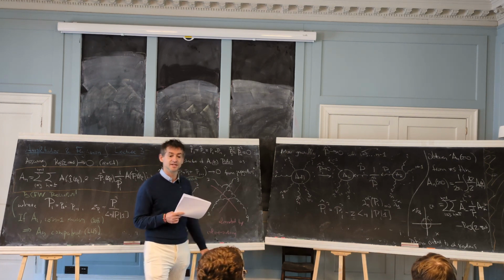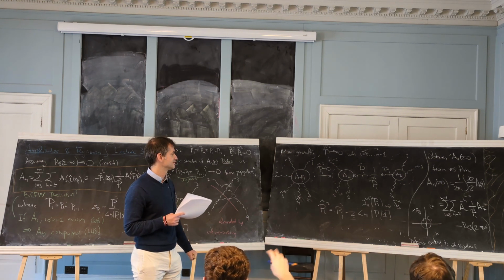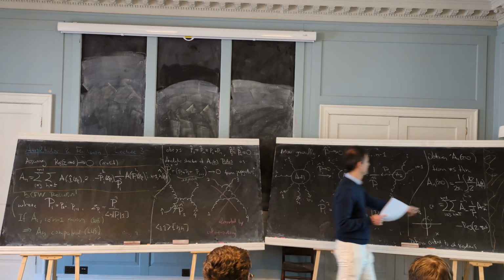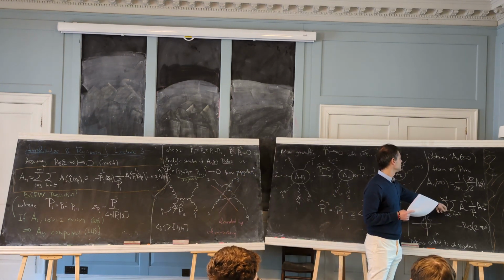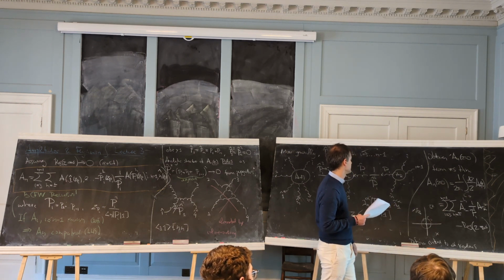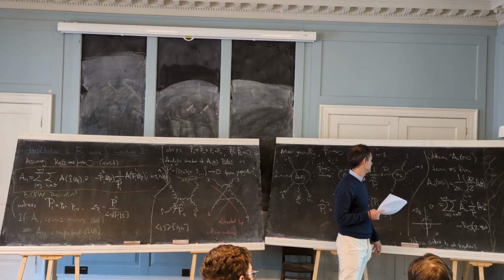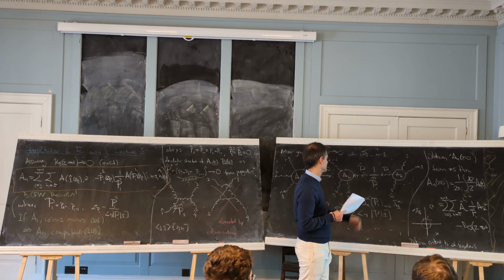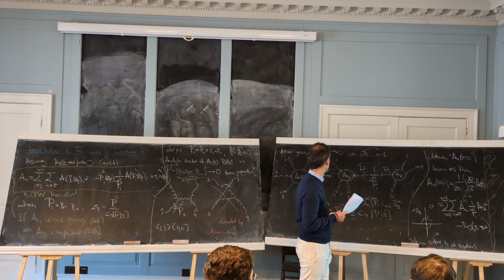Sorry? You must have all the residues on one side, the sum, right? There should not be a minus sign between them as well. Here you mean? Yeah. This has to do with, no, this is correct. The sign has to do with the direction of the integration contour.